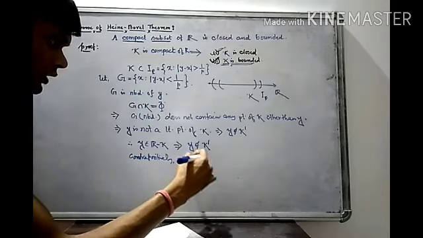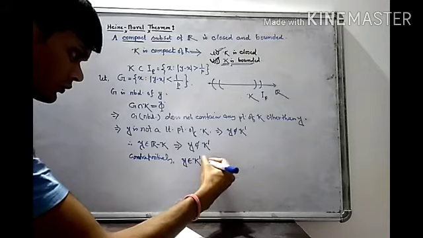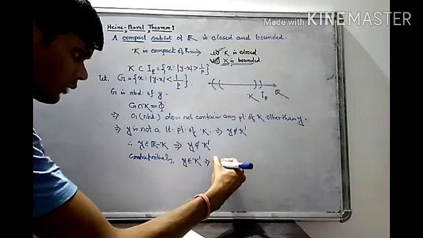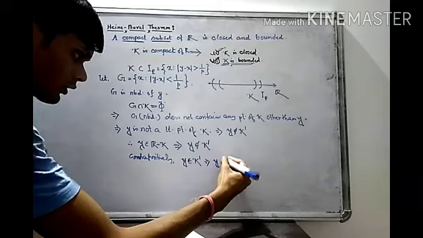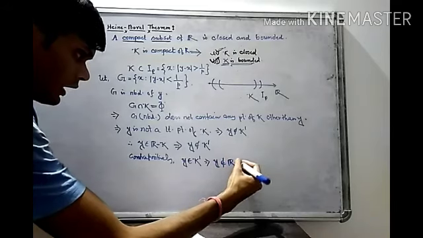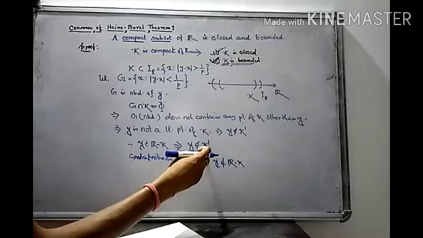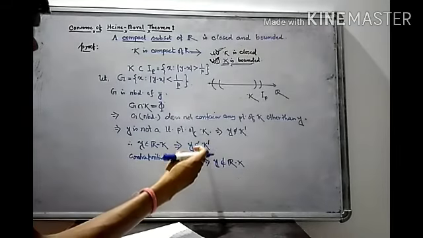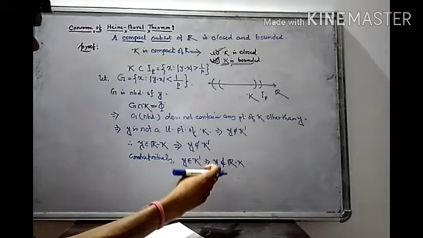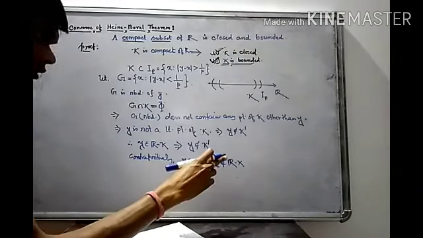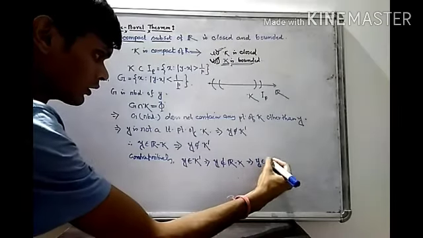The opposite of this: if y belongs to K prime, this implies y does not belong to R minus K. If this happens, then y does not belong to this. So if y does not belong to R minus K, then y belongs to K.